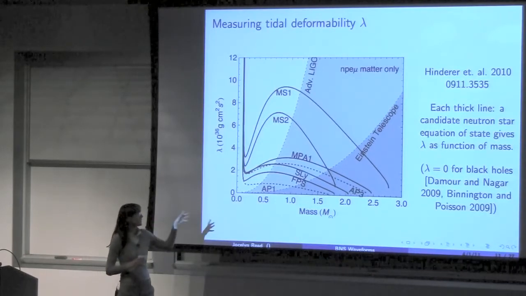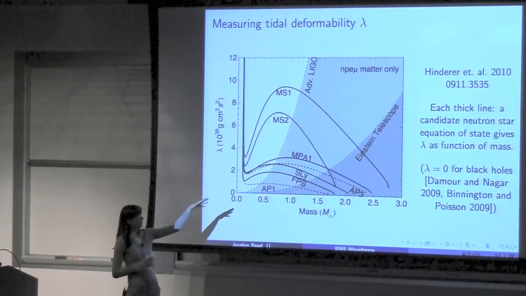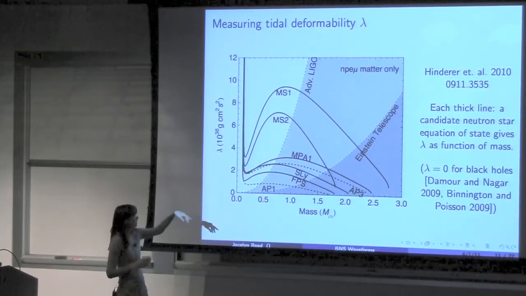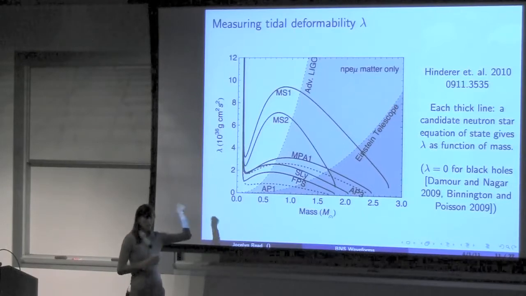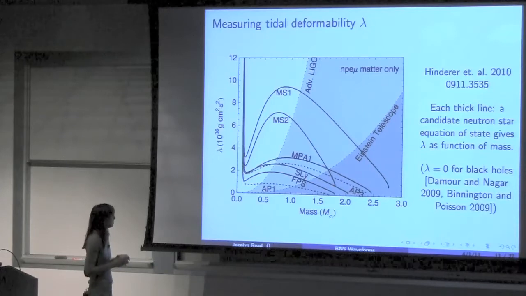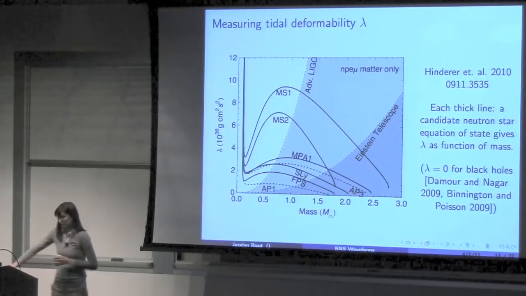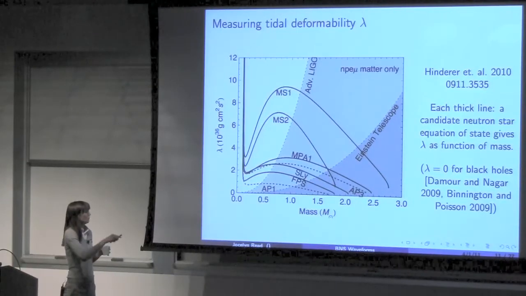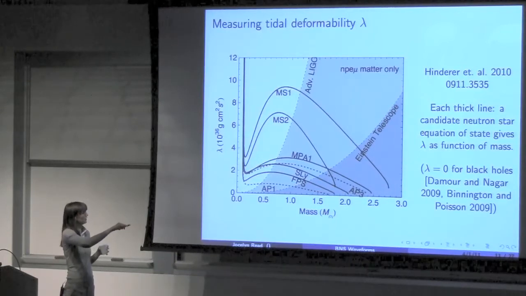We also include the same plot, which has the same Advanced LIGO and Einstein Telescope lines, but different equation of state lines that come from strange quark matter as well as matter with kaon condensates and various other interesting things. Quark matter tends to be small lambda.